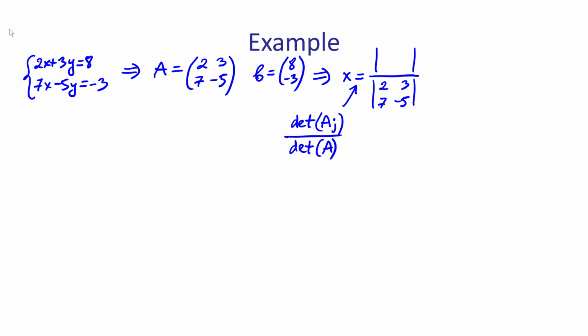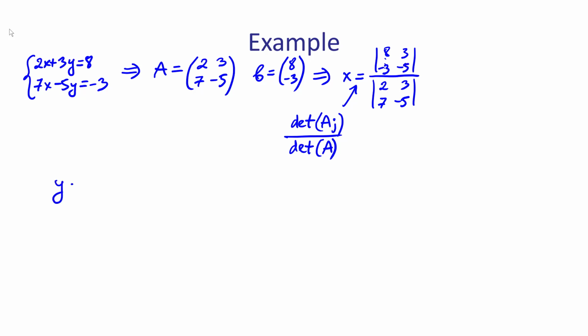And here is the same thing, but the first column we're replacing with vector B, which is 8, minus 3. And then repeating the matrix A part, which is 3, minus 5.